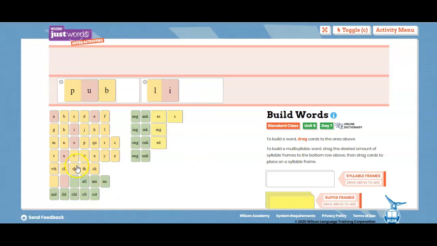Ooh, and I have a digraph, sh at the end. Publish, and I have a suffix at the end. What's the suffix I used? Ing, publish, ing, I-N-G. And I don't use my welded sound because that welded sound is for a 1-syllable word. So my base word I read first, publish, and then with my suffix, publishing. Excellent.